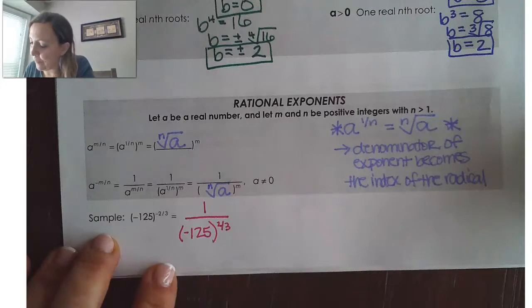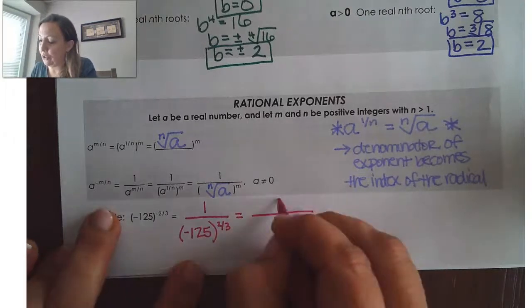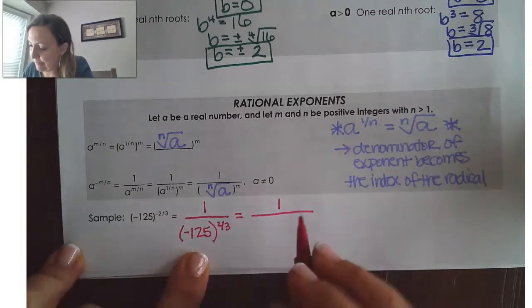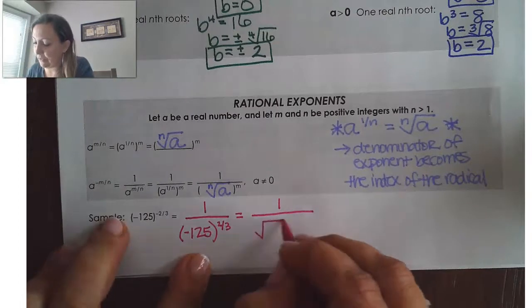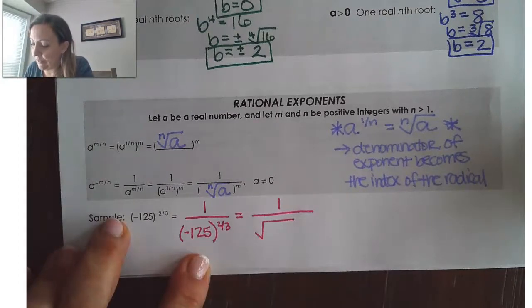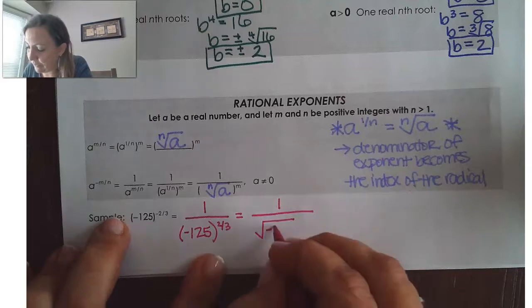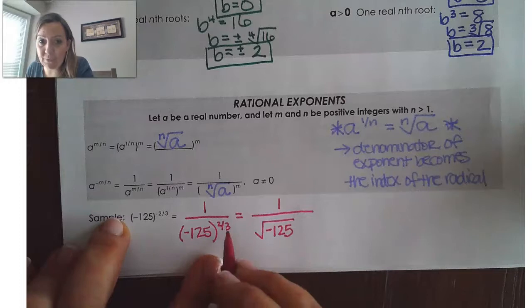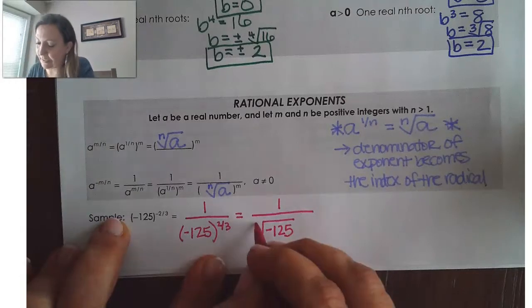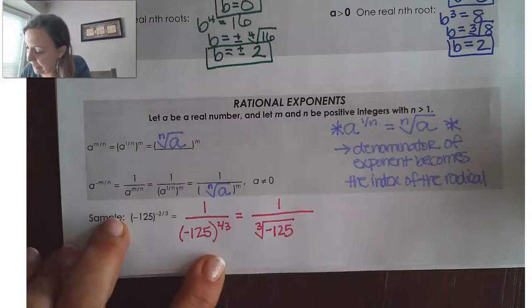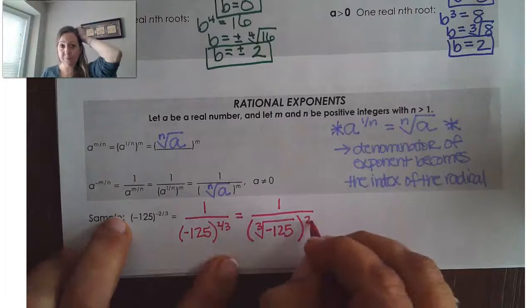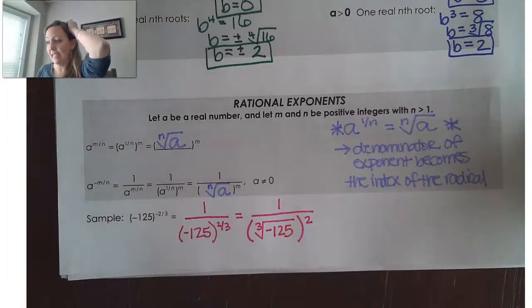And now to help me evaluate, I'm going to use this idea that the denominator of the exponent becomes the index of the radical. So the negative 125 is going to be the radicand. The denominator of my exponent is 3. That becomes the index of the radical. And then I'm going to raise that to the second power. So now I want to take the cube root of negative 125.